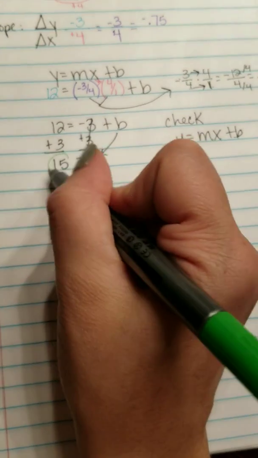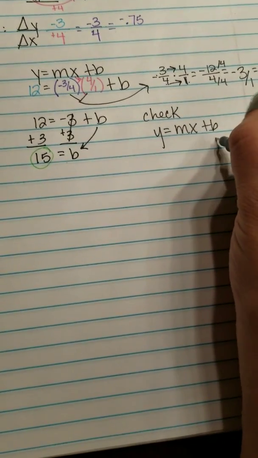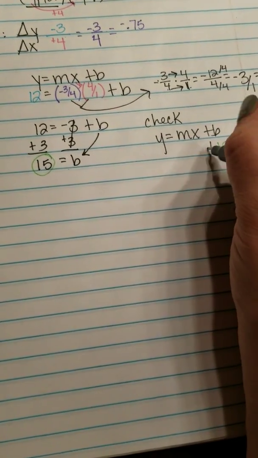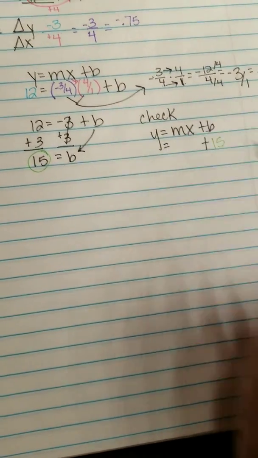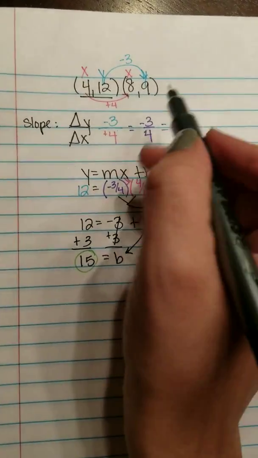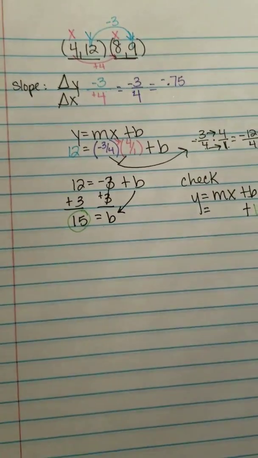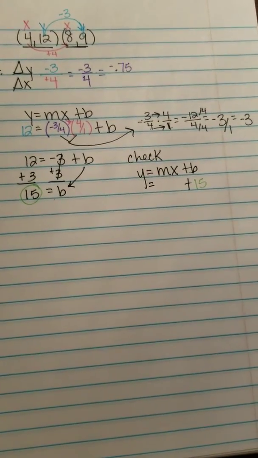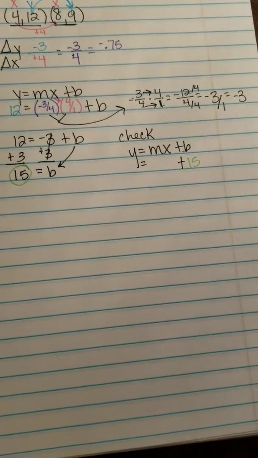I know this is what I want my b to be, so I'm going to go ahead and replace that now. Throw my equal sign in there too. And now I need to use the second set of points. We switch the points in case we made an error on the first one.